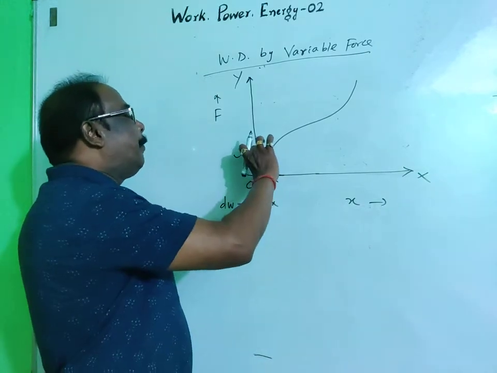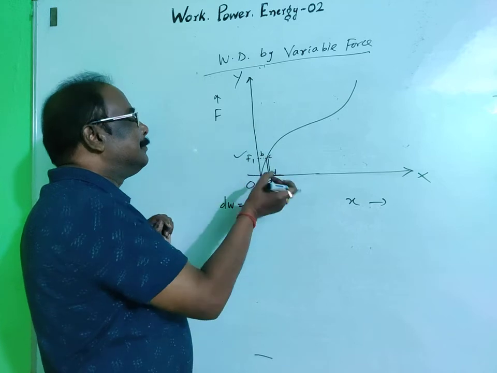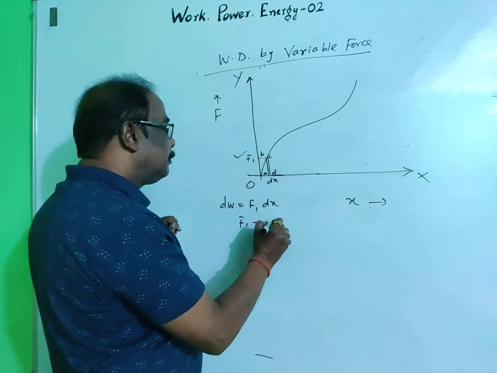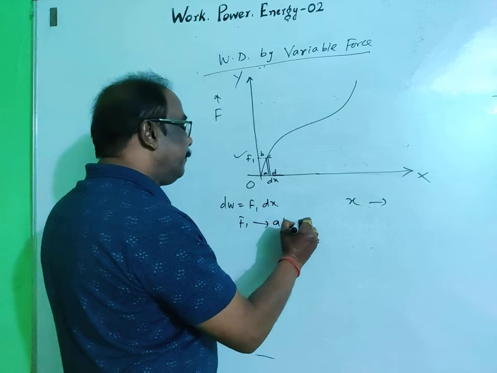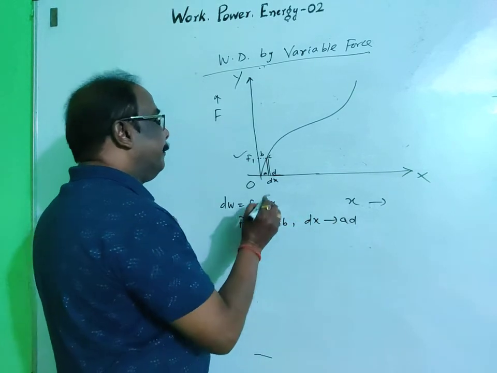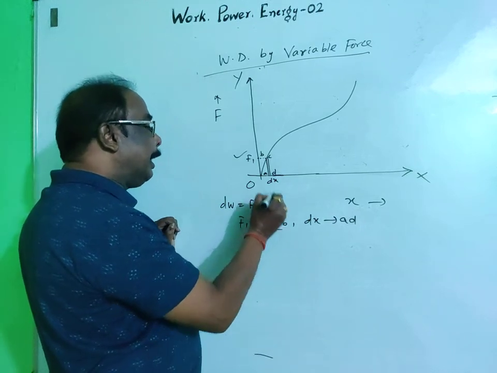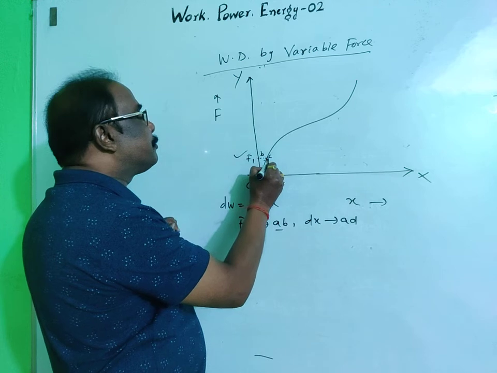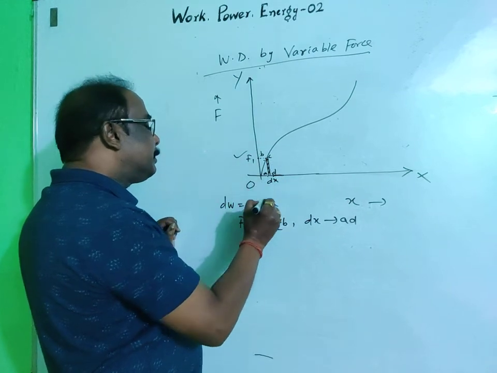See, F1 is the length, dx is the breadth, meaning F1 is represented by AB and dx is represented by AD. Then length is AB and breadth is AD, meaning this is a strip.